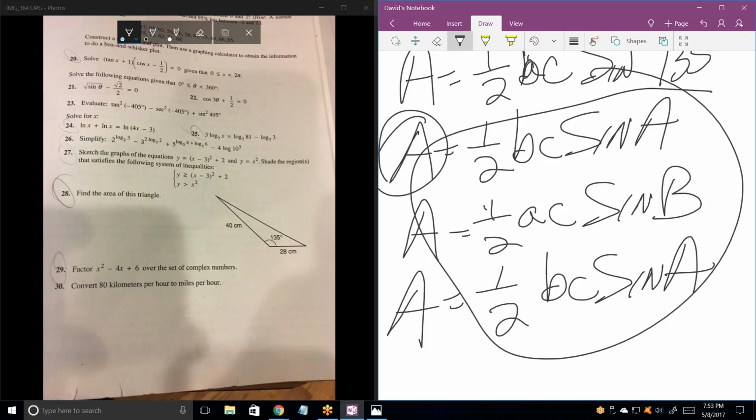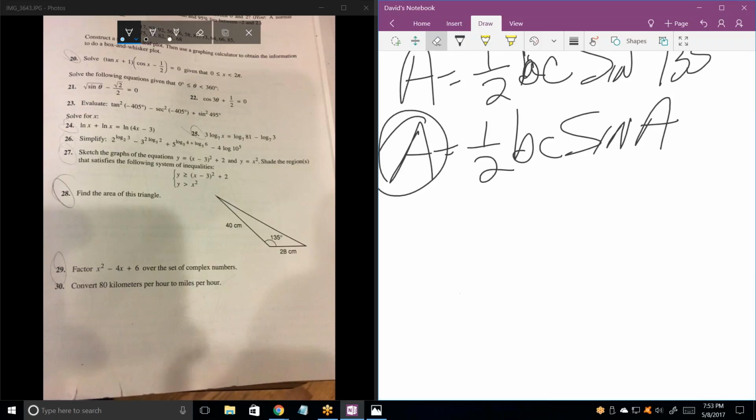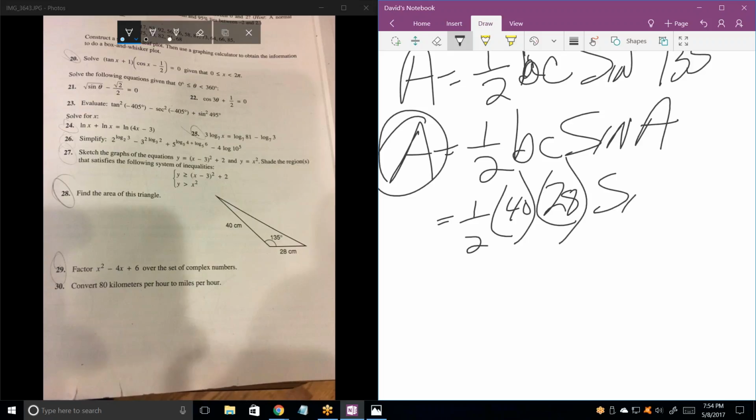Yep. Okay. So, what we're dealing with here is really simple. In other words, it's 1/2 times 40 times 28 times the sine of 135 degrees.